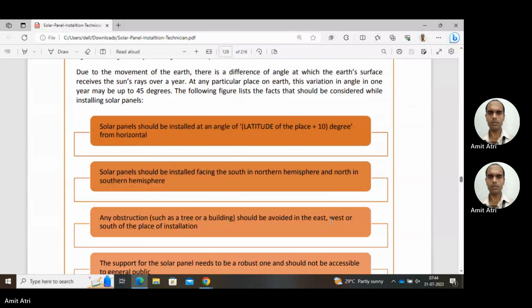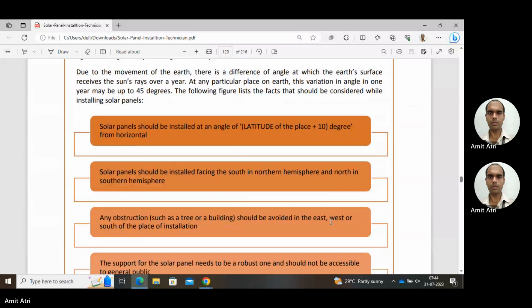So the angle at which the earth is receiving the sun's rays or light from the sun changes. It also depends on the geographical location. Everywhere this angle will not be the same. On the earth at different places, the angle will be different. Solar availability will be different. So at any particular place on earth, this variation in angle in one year may be up to 45 degrees. It can change.